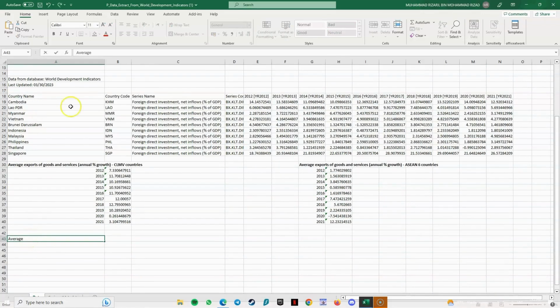The calculation of average foreign direct investment is the same as the calculation of average export of goods and services. The difference is the reference row and column.